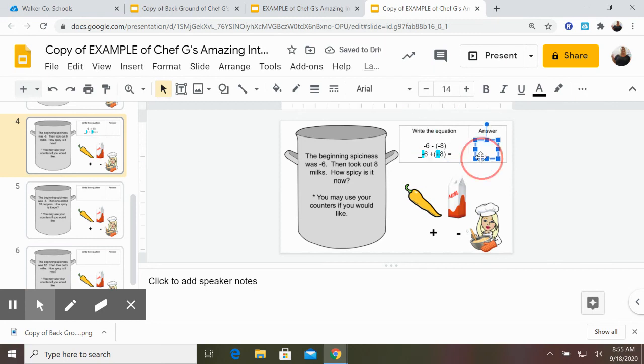So my signs are different, which means I'm going to subtract. And 8 minus 6 is 2. And I'm going to keep the sign of the number with the largest absolute value, which is positive. So positive 2 is my answer.